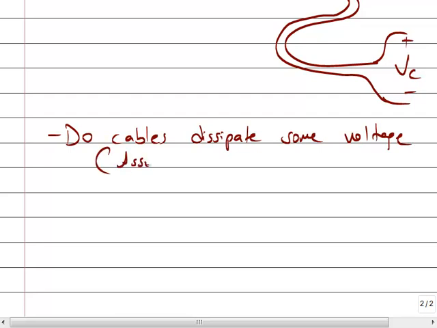Question. Do cables dissipate some voltage? Assume resistance of the cable is 0.